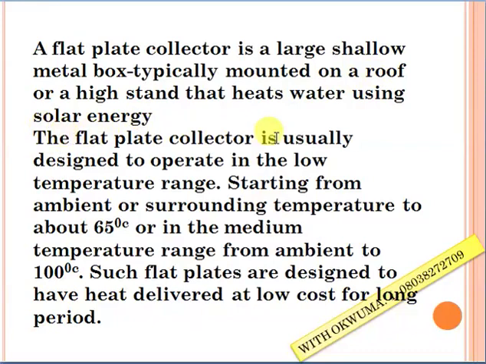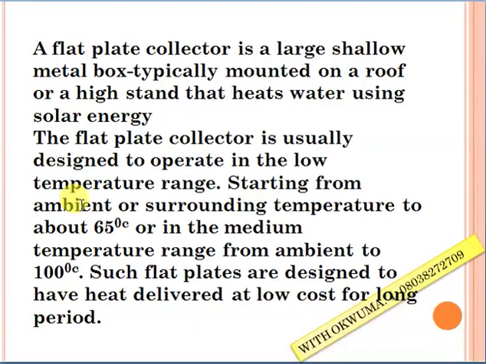The flat plate collector is usually designed to operate in the low temperature range, starting from ambient or surrounding temperature to about 65 degrees Celsius, or in the minimum temperature range from ambient to 100 degrees Celsius. So it is designed in such a way that it can use a low surrounding temperature.